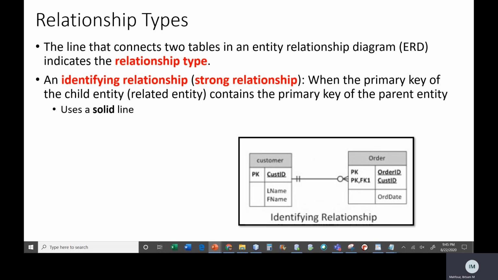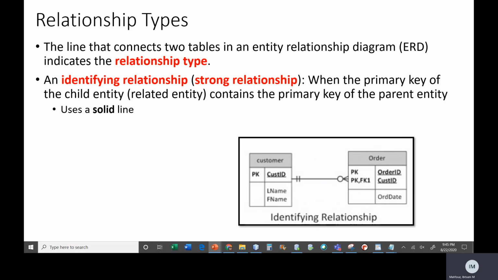Now, the line that connects these two tables in the diagram, like we said, indicates the relationship type. So when I see here a 1 and I see a many, I know that this is a one-to-many relationship. Now, here we see that this is a solid line. It is not dotted. And so when we see a solid line, we say that this is an identifying relationship, a strong relationship.